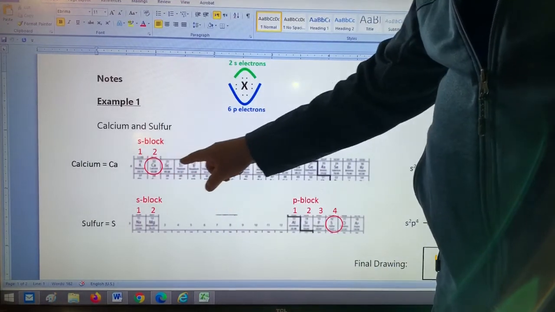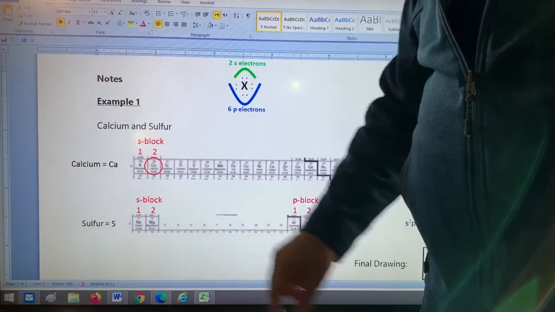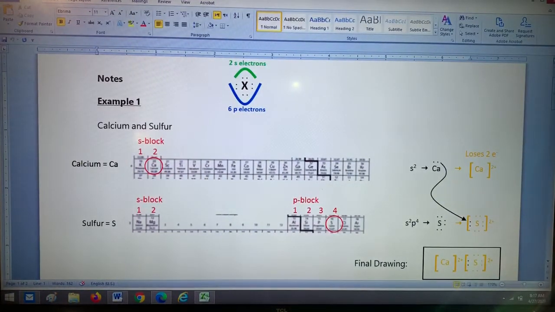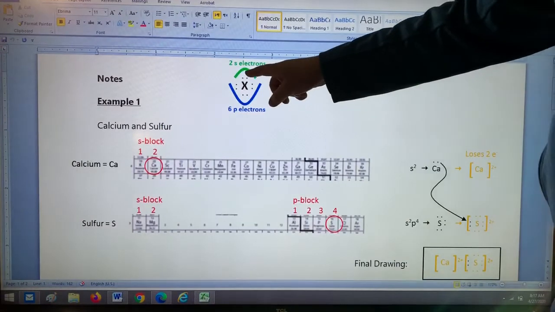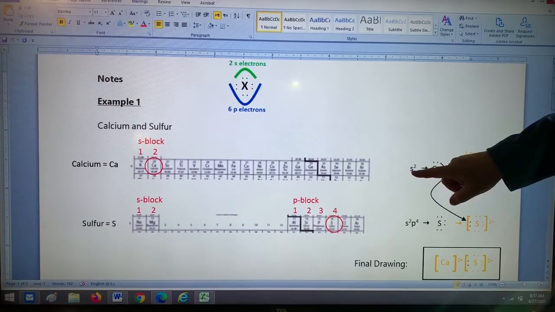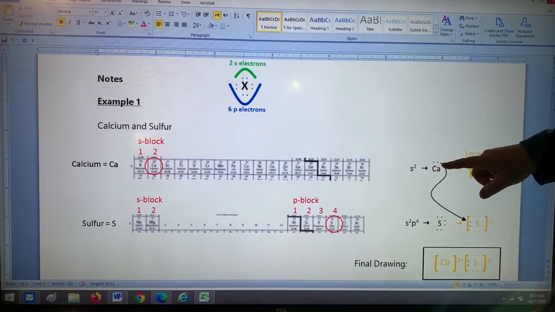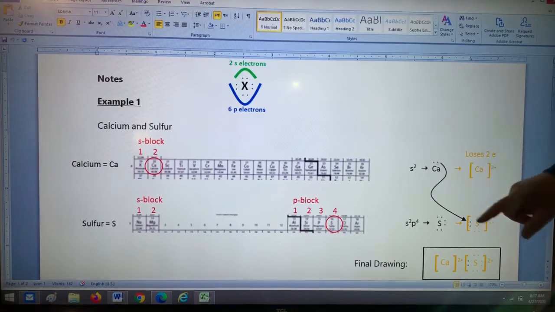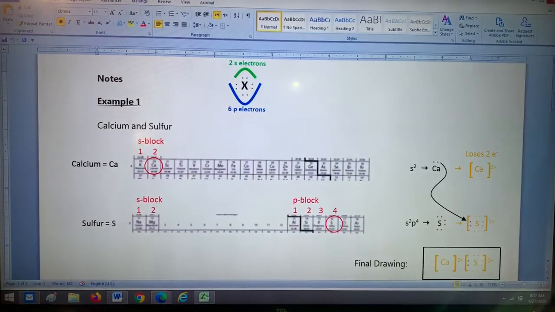So here's the period that contains calcium, and then here we have 2 squares, and those 2 squares represent 2 electrons, and they come from the S block, so they're going to go up in the top here. So when I go to draw calcium, because it's got 2 electrons in the S block, it's an S2, and here are the 2 dots representing the 2 electrons from these 2 squares.